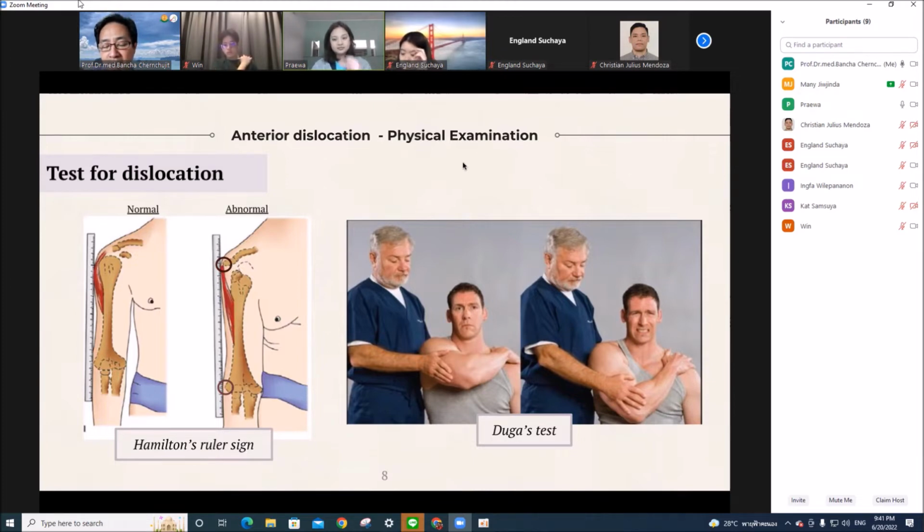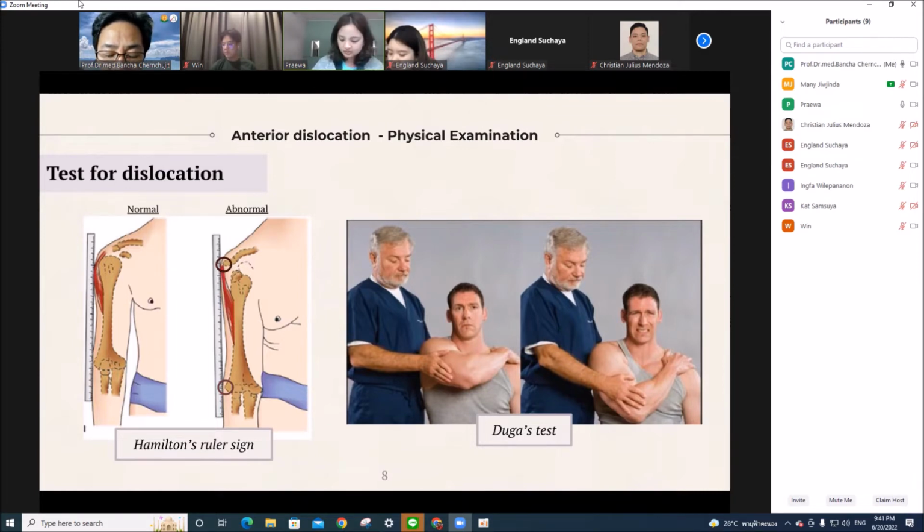This is positive in anterior dislocation, but in posterior dislocation, can the patient do that, the Dugas? Can or cannot in posterior? Posterior, I think so. Can or cannot? Can, yeah, because the patient is already in adduction and internal rotation.